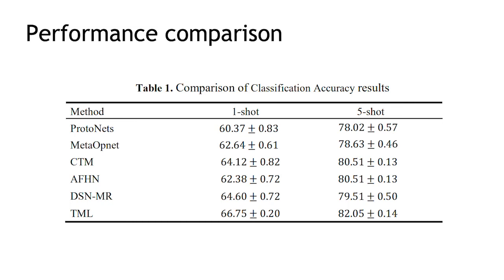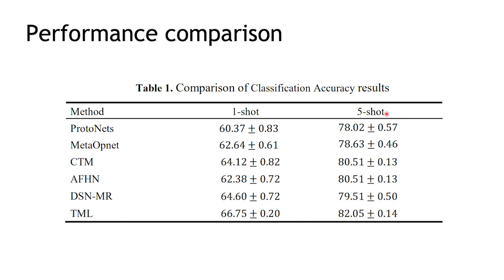It can be seen that TML, which means our model, provides the best performance among all methods for both one-shot and five-shot cases. Especially, TML performs much better than ProtoNets, with 10.57% and 5.17% gains in accuracy for one-shot and five-shot, respectively.